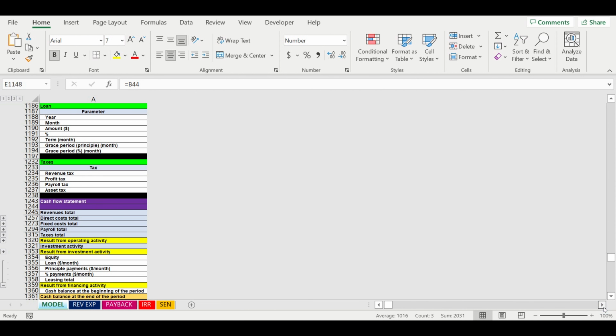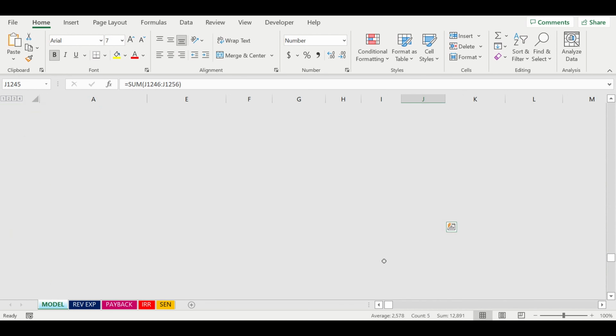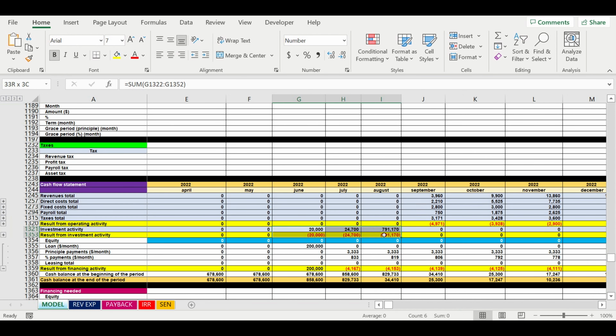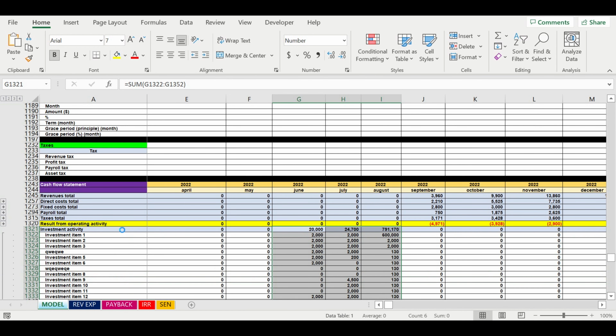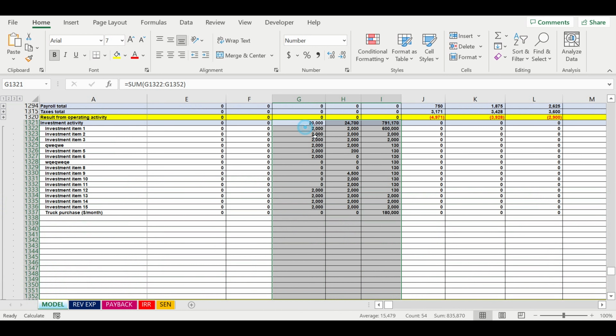Here inside cash flow statement we also see September, so our revenue is displaced to September 2022, and all the investment stage here is displaced to the right. So this is the stage, investment expenses plus the cost of a new truck.